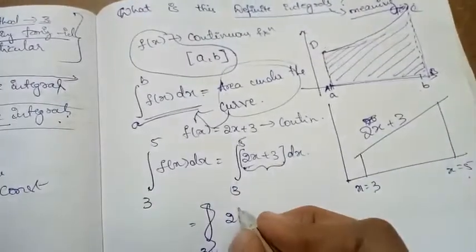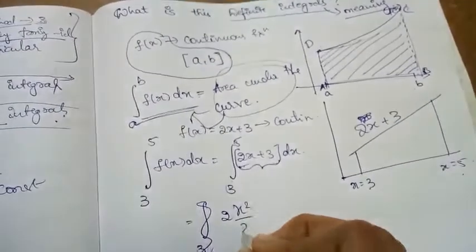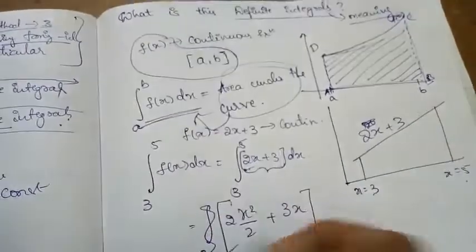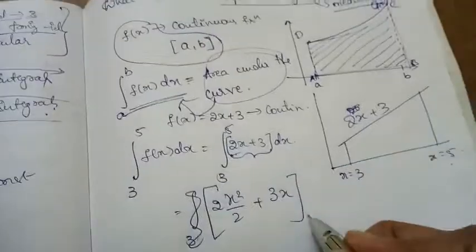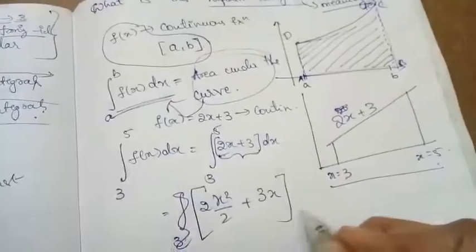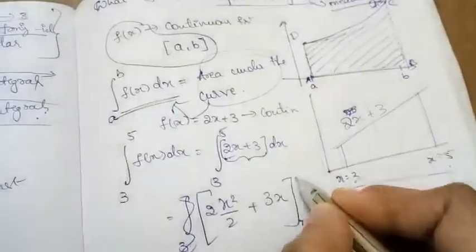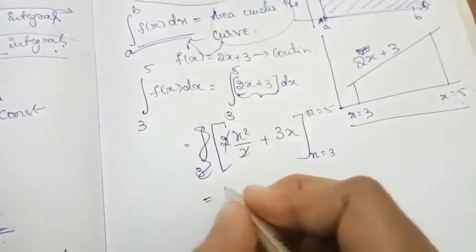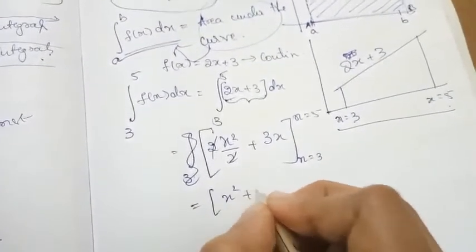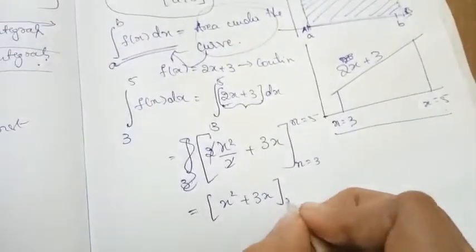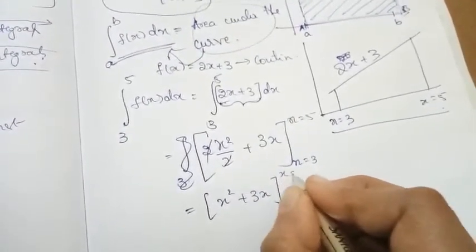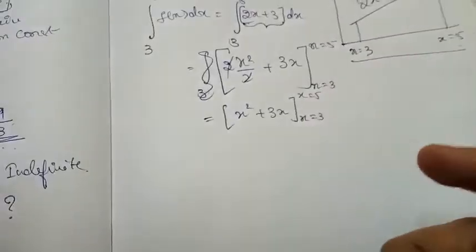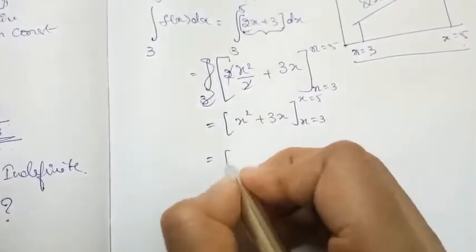The integration of 2x is 2x squared by 2, plus 3x, upon the closed interval x = 3 to x = 5. Here the 2 cancels. What remains is x squared plus 3x, from x = 3 to x = 5. Now how do we deal with it? Upper limit minus lower limit. So what is the upper limit here?